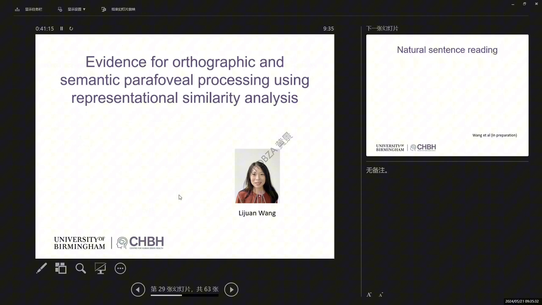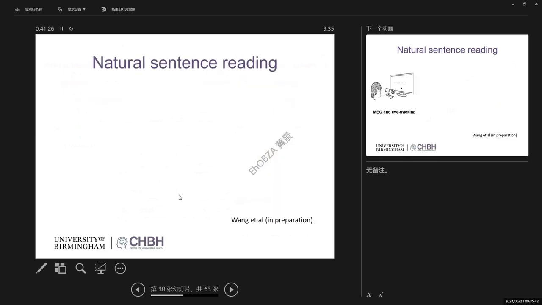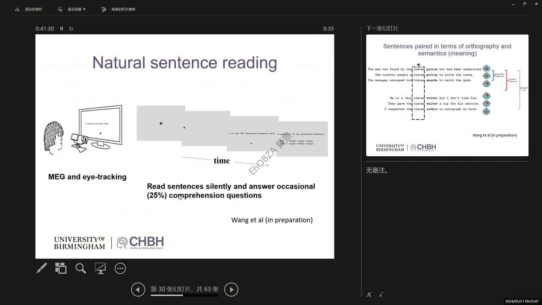And what we have been looking into here is both orthographic and semantic processing. And now we are using multivariate analysis, representational similarity analysis. And the idea here is that, again, we have natural sentences, and then we also do MEG and eye tracking as before.